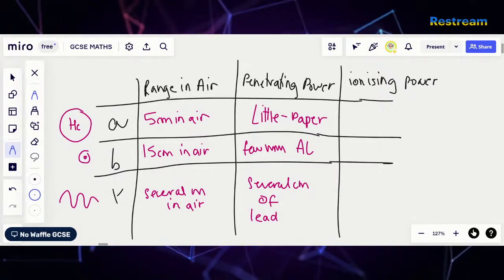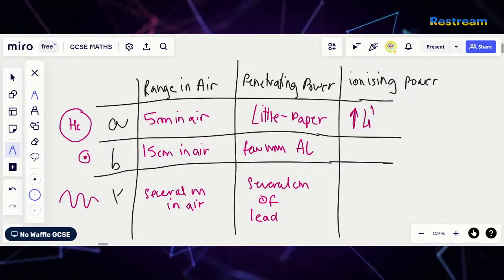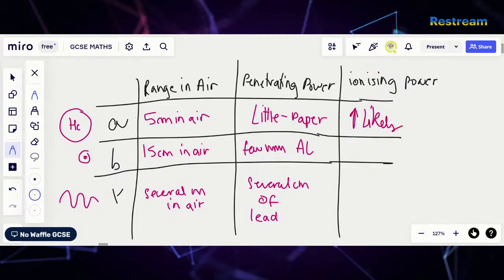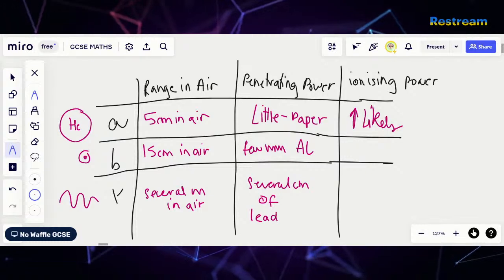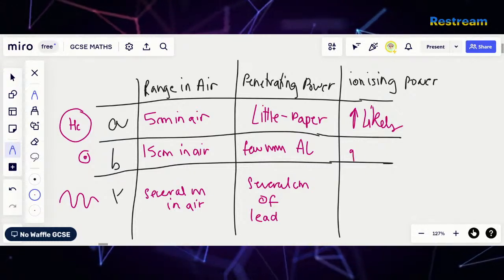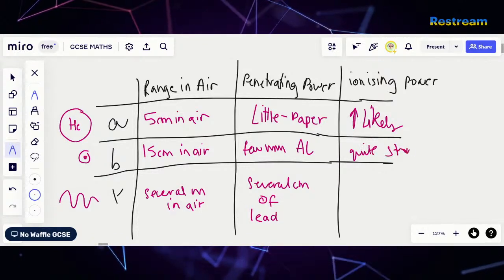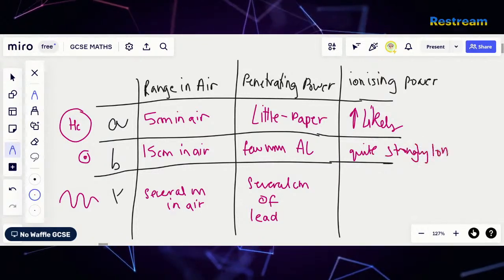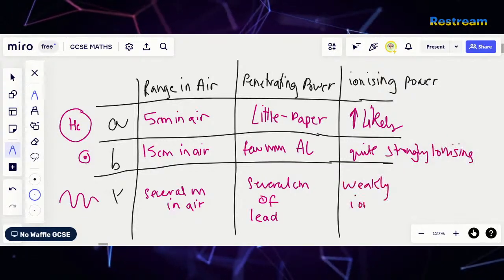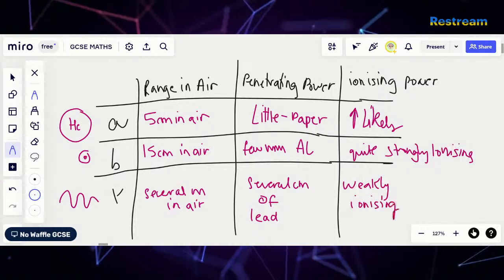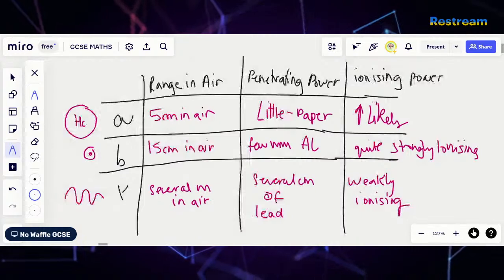Because alpha is the biggest, it is highly likely to knock off electrons, so it's very strongly ionizing. Beta is in the middle. It's still quite strongly ionizing, not as strong as alpha. And then gamma is very weakly ionizing because it's only a wave, so it's very difficult for it to force an electron out. And those are the properties of the types of radiation.